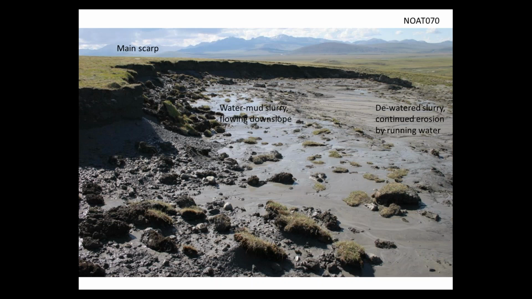So here's just another view of a thaw slump, so you can get a feel for the mechanism of their growth. There's this escarpment at the top, and this is where the most active thaw is going. You've got ice-rich permafrost. That's one of the requirements, it's got to be ice-rich stuff. Thawing, and then since it's got more water in it than sediment, it turns into this mud water slurry that oozes downslope, and then as it oozes downslope, it basically dewaters and eventually grinds to a halt, and then further erosion below there happens by conventional water erosion.